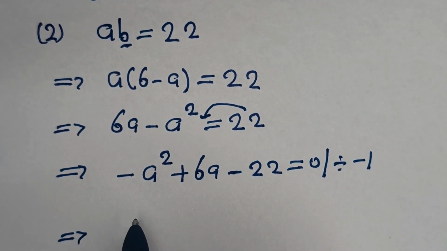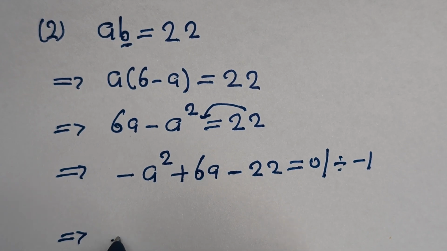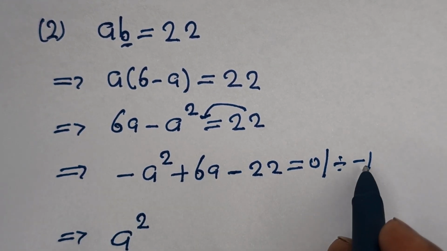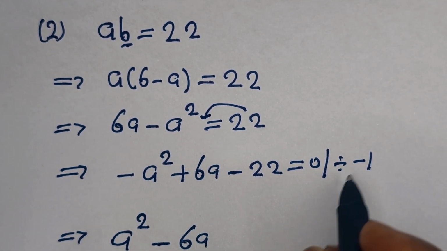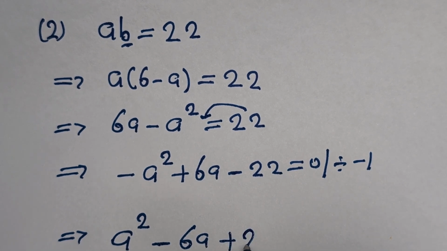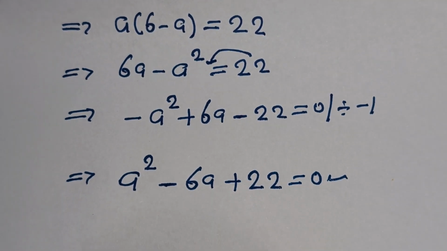Then negative a square divided by negative 1 gives a square. Plus 6a divided by negative 1 is negative 6a. Negative 22 divided by negative 1 is plus 22 is equal to 0. This is a quadratic equation.